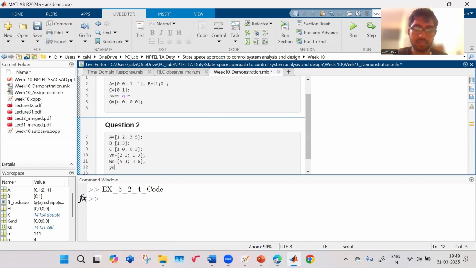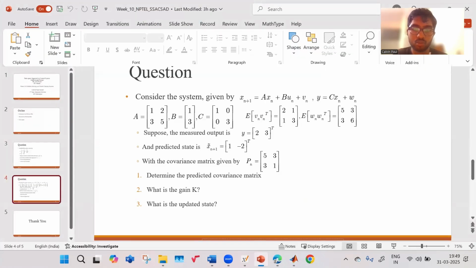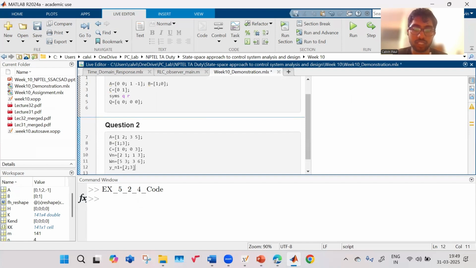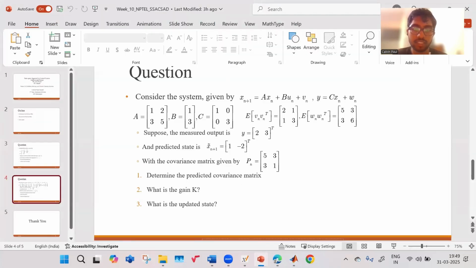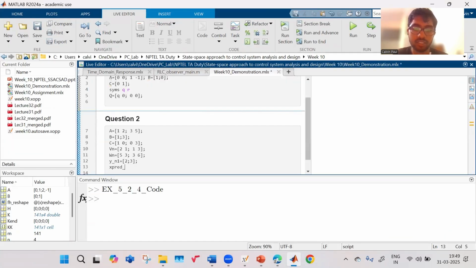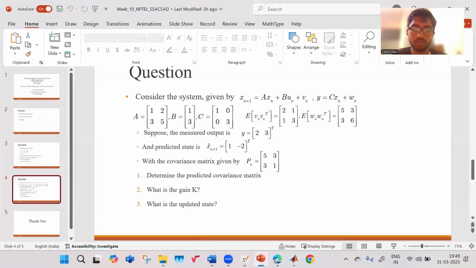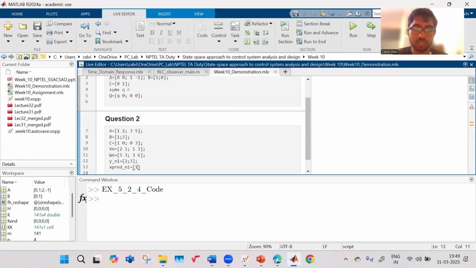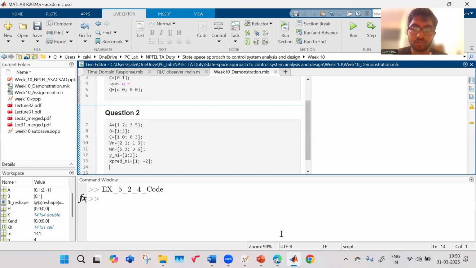Then the Yn, actually Yn plus 1, measured is 2, 3, 2, 3. And x predicted in 1 is equal to 1 minus 2. This is what we have got.